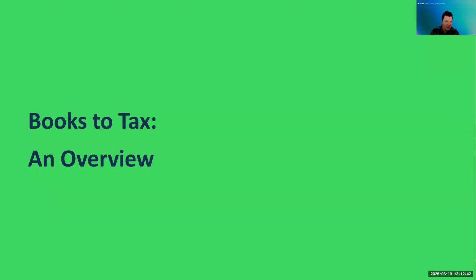So, okay, we're going to start today with Books to Tax. We're going to be looking at an overview of the full ecosystem where you can have clients' bookkeeping files used to prepare the tax return. And it can really save you a ton of time. Books to Tax helps you stay on top of your client's month-end tasks. So whether it be period end or month end, quarter end or month end, Books to Tax looks at that.